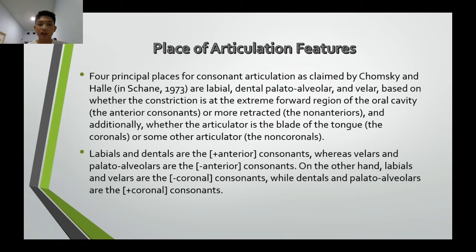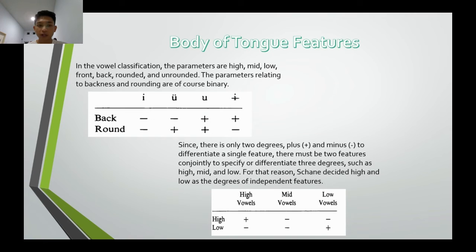Labials and dentals are the plus anterior consonants, whereas velars and palato-alveolars are the minus anterior consonants. On the other hand, labials and velars are the minus coronal consonants, while dentals and palato-alveolars are the plus coronal consonants.